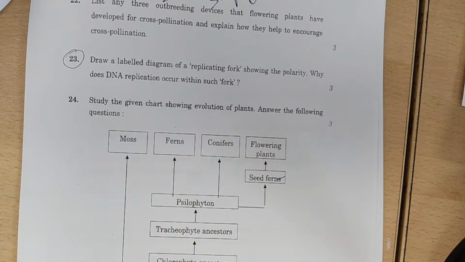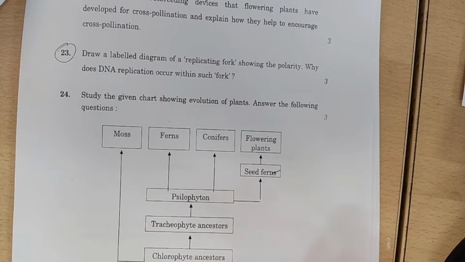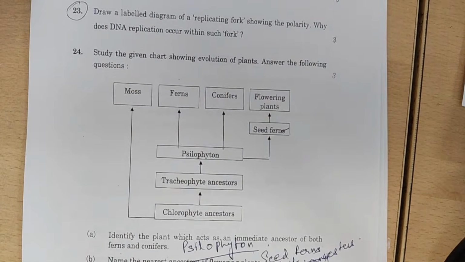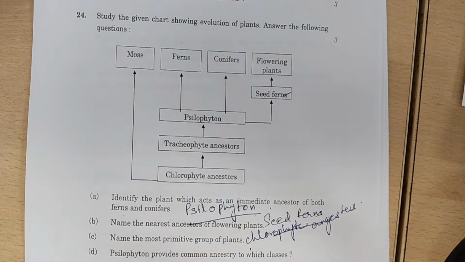Name the most primitive group of plants. Primitive group is chlorophyte ancestors. Okay. Xylophyton provides common ancestry to which classes?